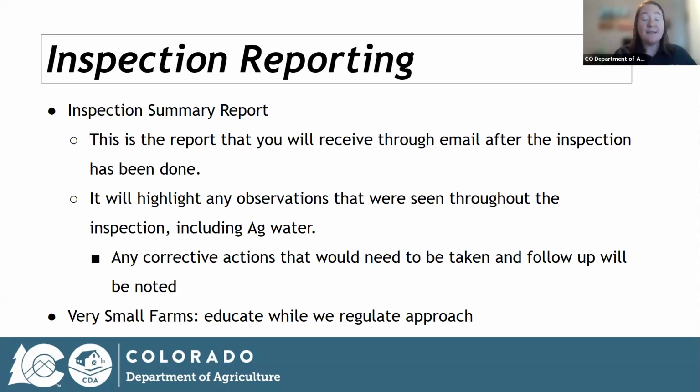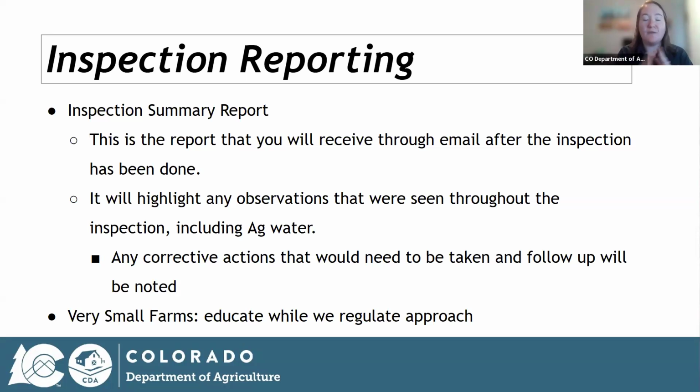post-harvest water. Now, this year with very small farms, you did lose your enforcement discretion in January. So we are doing that educate while we regulate approach just because this is the first time that you will be needing to be in compliance with the harvest and post-harvest rules.